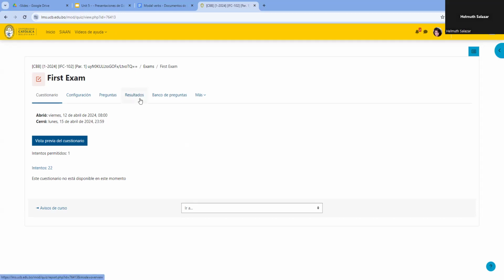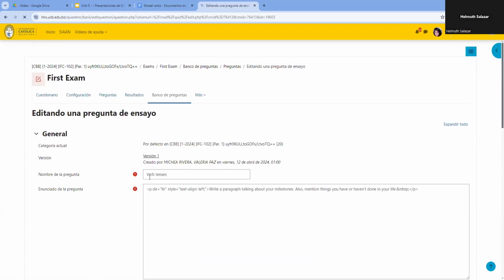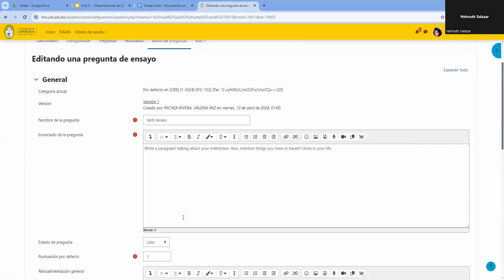I think it could be more clear about this, because it just says write a paragraph talking about your milestones, also mention things you have or haven't done in your life. Maybe if you wanted to know more things about the past, you could emphasize that. But it didn't tell anything about this, just write the paragraph. It could be 2 lines, why not?